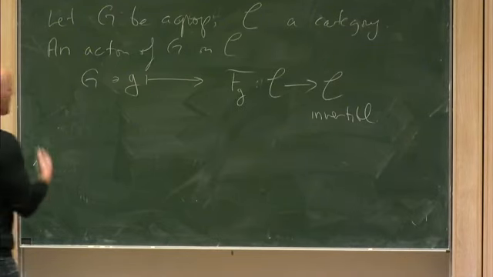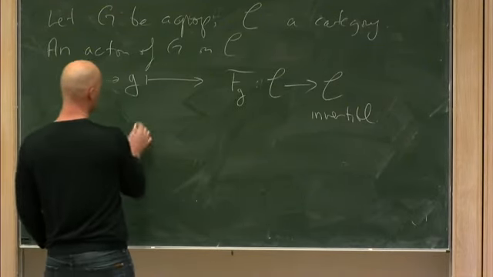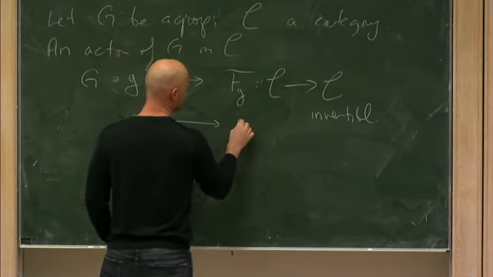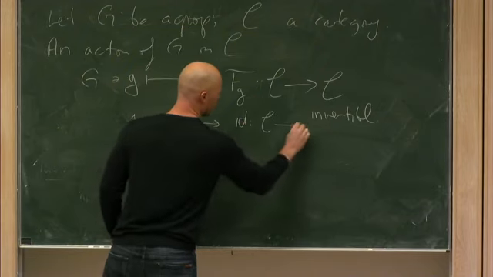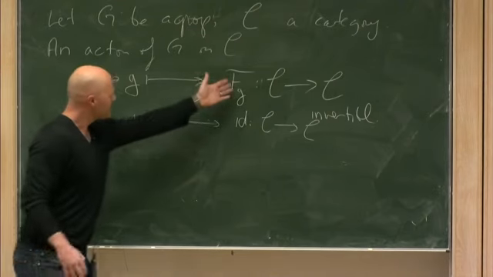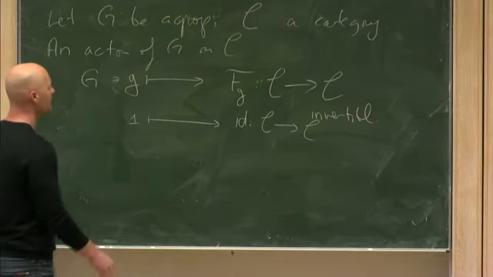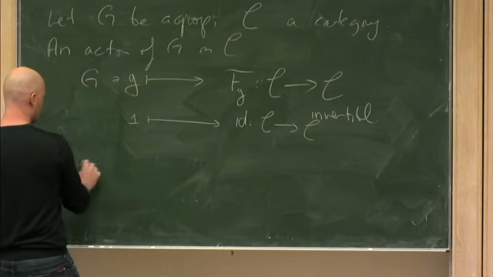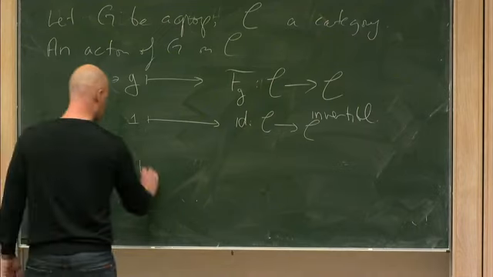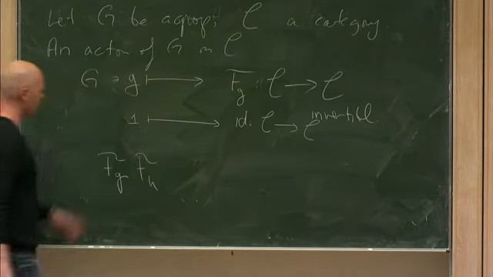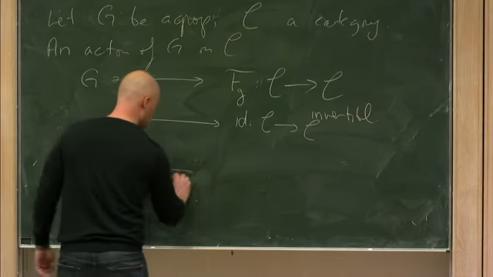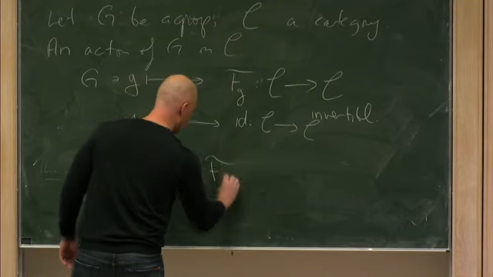So in particular, the unit in the group will go to something isomorphic to the identity functor. And so what condition has to hold? Well, the condition which has to hold is that if I look at the composition of the endofunctor for G and the endofunctor for H, that should be isomorphic to the endofunctor for GH.